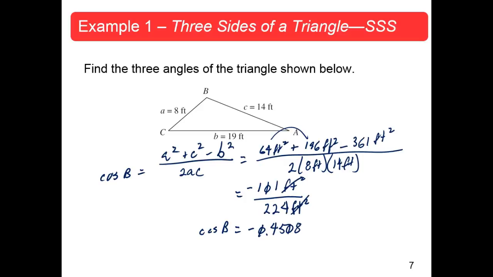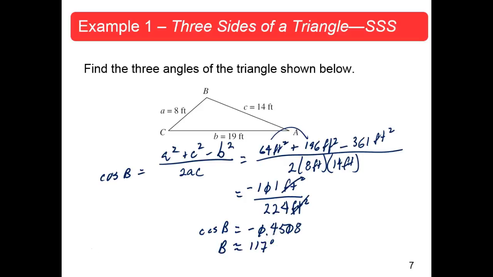Oh, I didn't have it as negative. It's 116.8, so let's call it about 117. I just wrote the negative sign when I divided. So that's approximately 117 degrees.